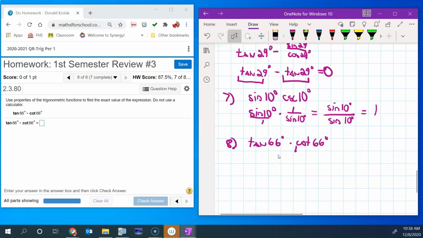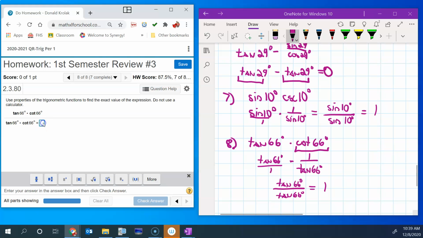So I can rewrite this part as 1 over the tangent of 66 degrees. Multiply straight across, and I get the tangent of 66 in the numerator, and the tangent of 66 in the denominator. And when those are the same, when I divide them, I'm going to get 1.